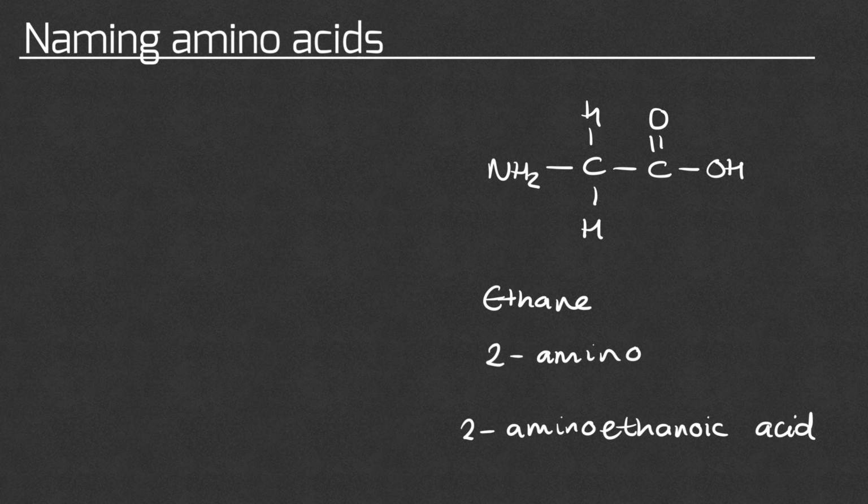So putting these parts of the name together would give us the molecule 2-amino-ethanoic acid. Amino acids also have common names, and you'll see these on the back of the datasheet. So this amino acid is also called glycine, but its chemical name would be 2-amino-ethanoic acid.